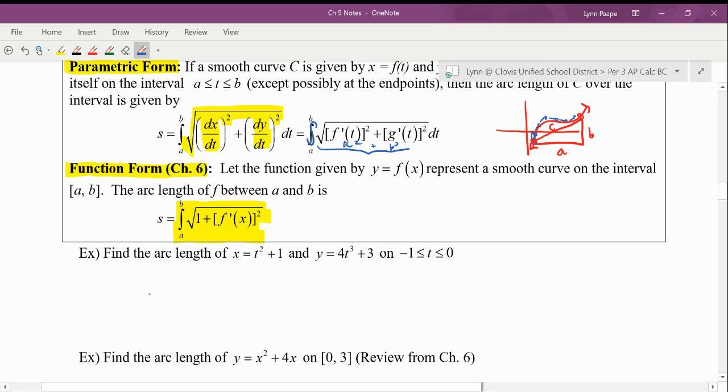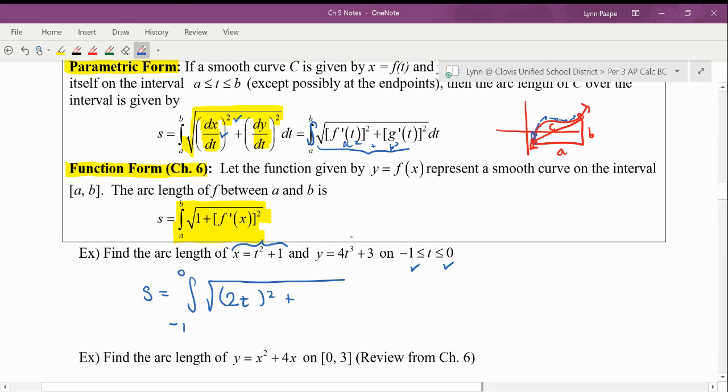I want to find arc length, so I'm going to use the formula. So s is equal to, and then we're going to integrate from -1 to 0, the square root, and then I need to take the derivative of x and then square it. So I'm going to take this derivative here. That derivative is 2t, and then I'm going to square it, and then I'm going to go plus, and now I'm going to do dy/dt.